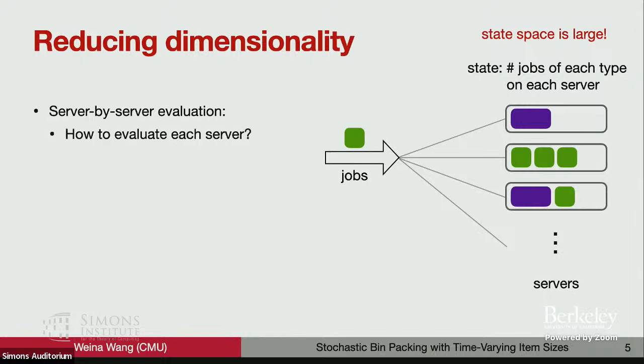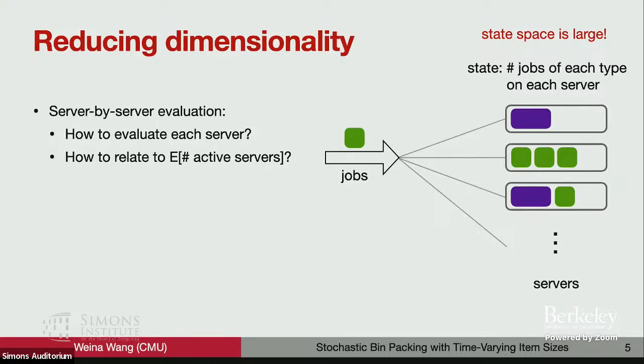So we want to evaluate each server, and if we take this approach, we also need to relate how we evaluate each server to the actual number of active servers at the end, right? So this is basically the approach we are going to take.